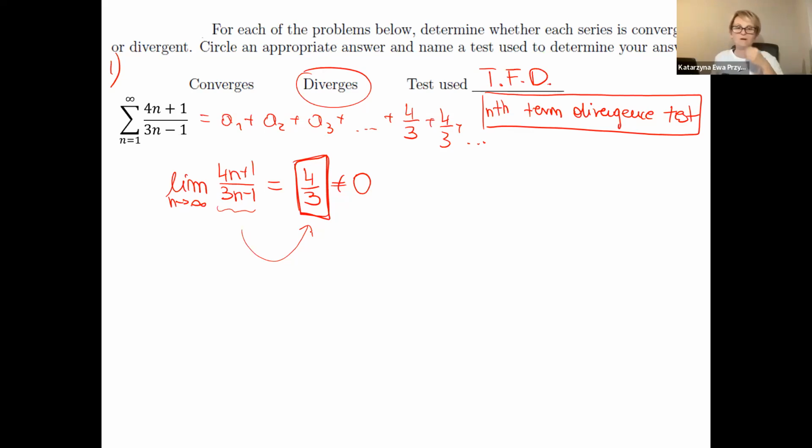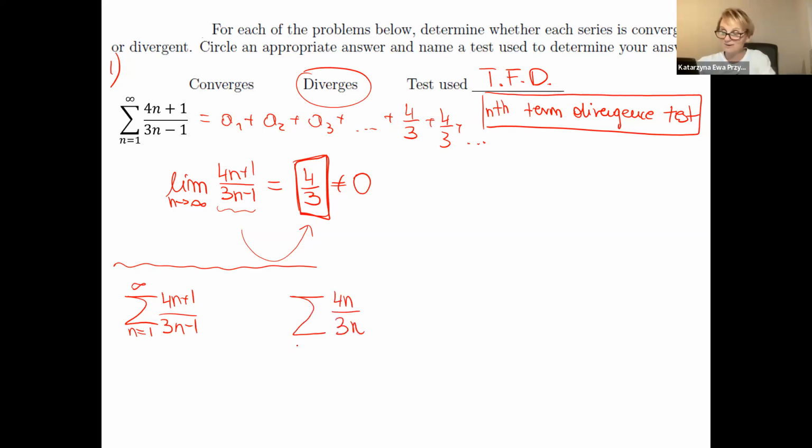We're not doing any comparison. Actually, the comparison can give us divergence. We may try comparison if you like. But this is definitely, we really should not even think about comparison.